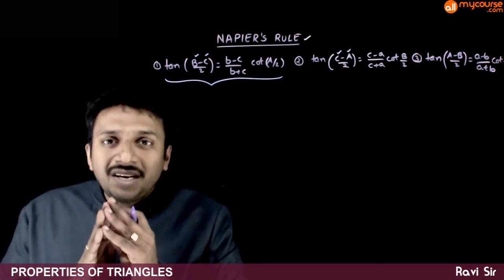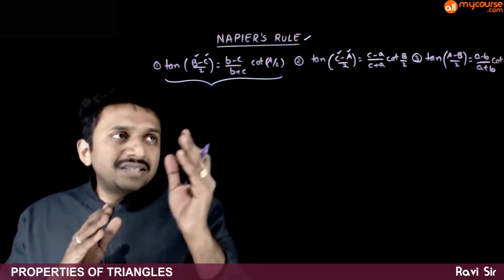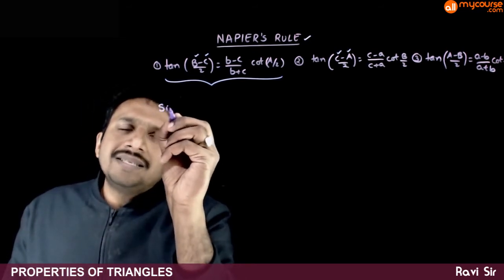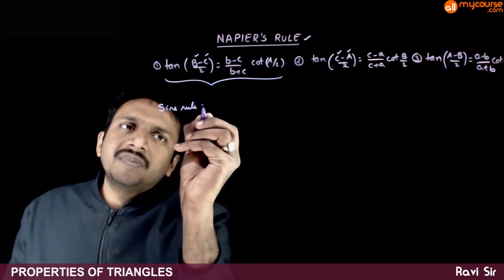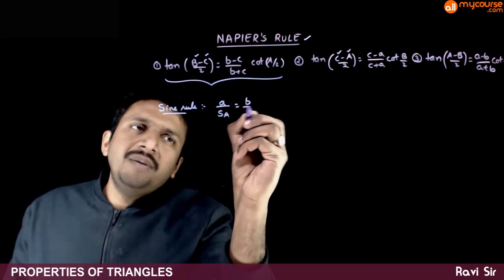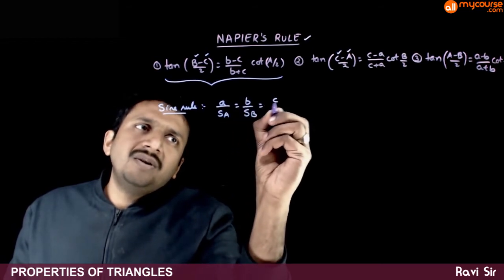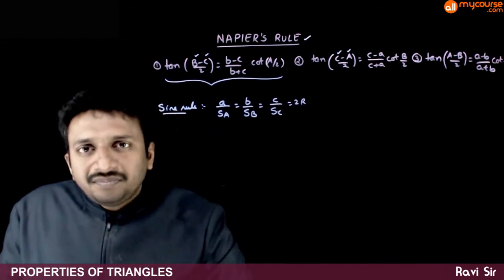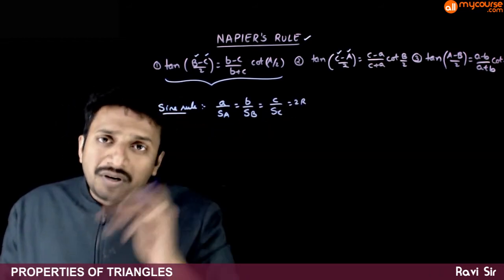These formulas are derived from the sine rule. So let us take one of these and derive this. What does the sine rule say? Sine rule says that a/sin A is equal to b/sin B is equal to c/sin C is equal to 2R. This we have already derived.